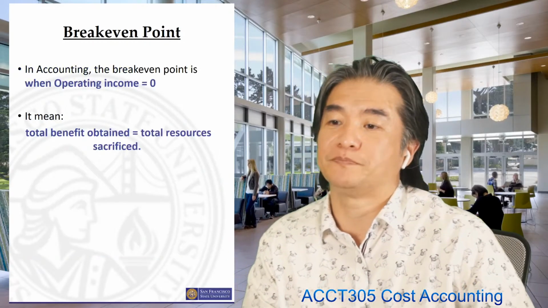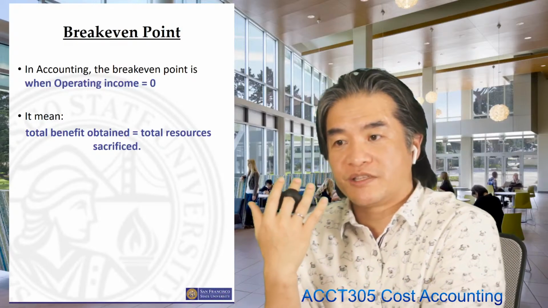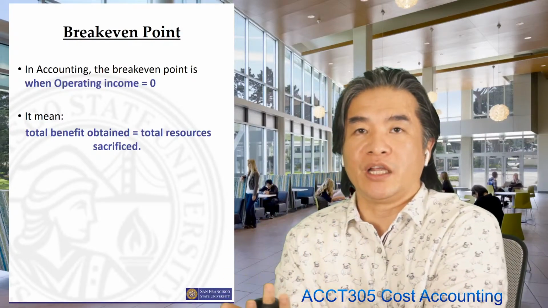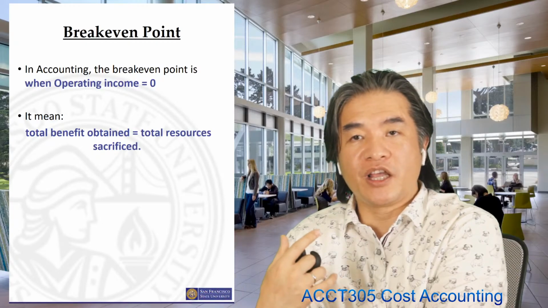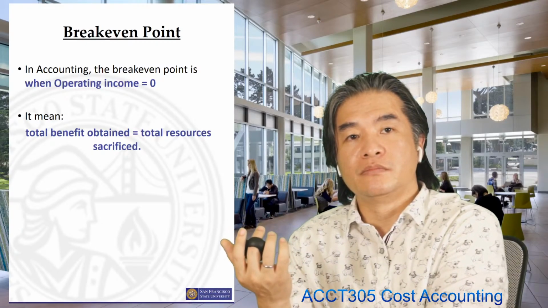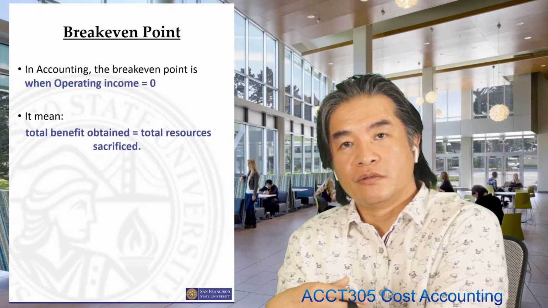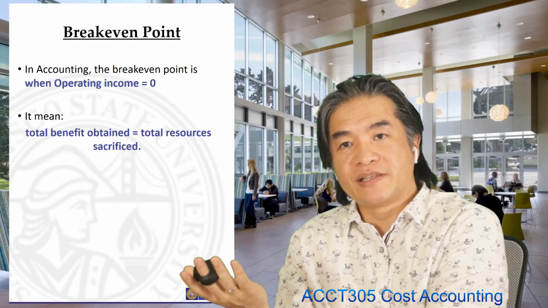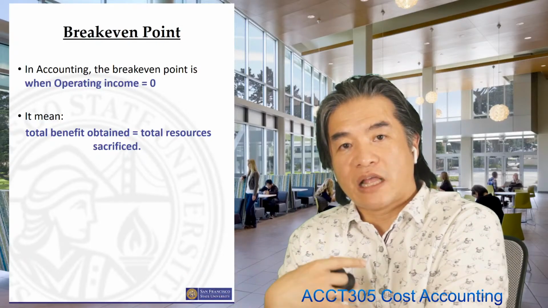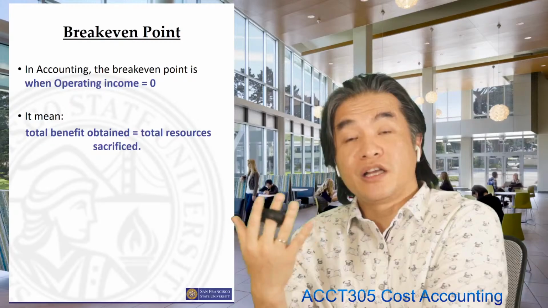In accounting, the break-even point means that operating income equals zero. Remember earlier, how do we calculate operating income? Revenue minus cost of goods sold, and then minus expenses, that will give us operating income.